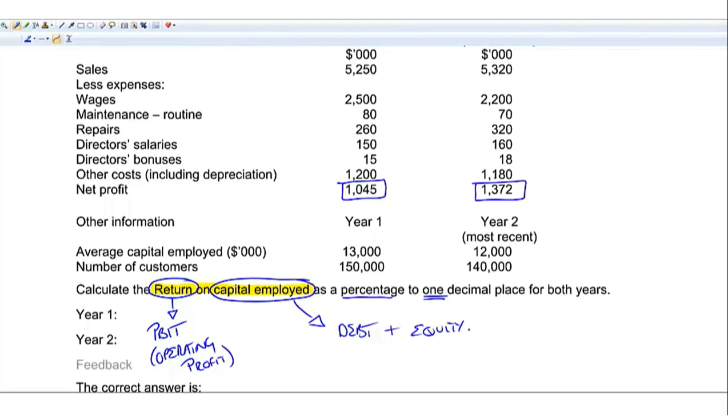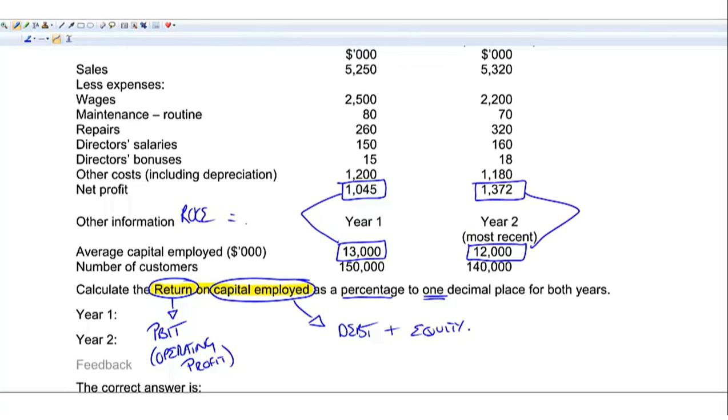There is no interest or tax included in the list of expenses. So we take our sales less all of the expenses listed to give us our operating profit. And we're also told, we don't have to calculate, the average capital employed for the year. We take one over the other to calculate our ROCE.